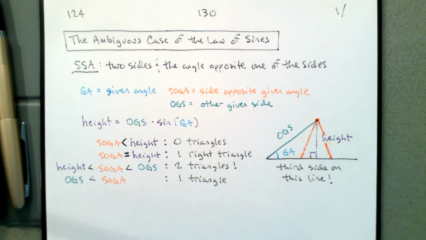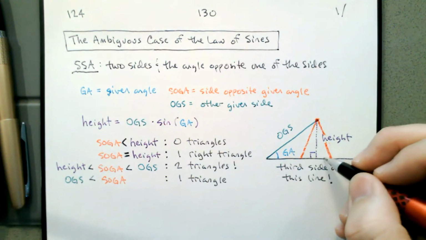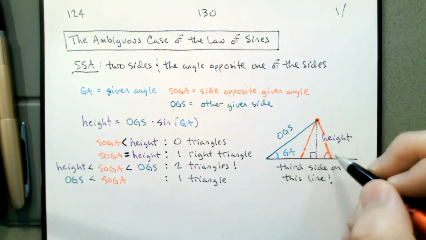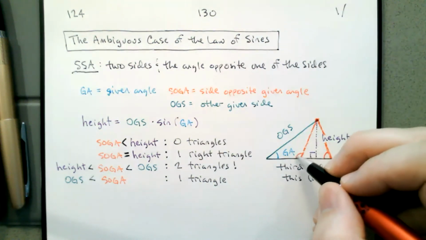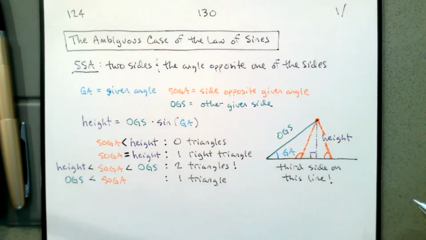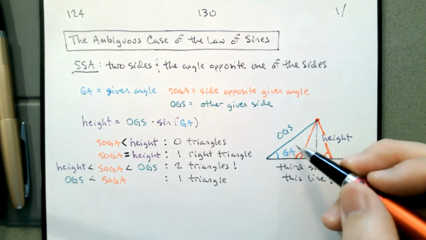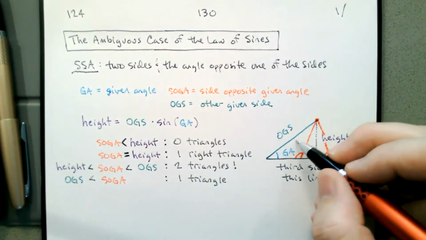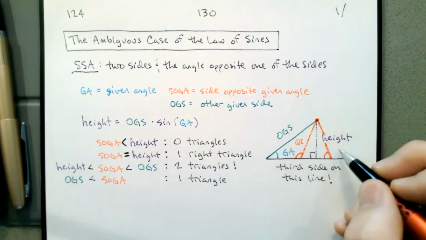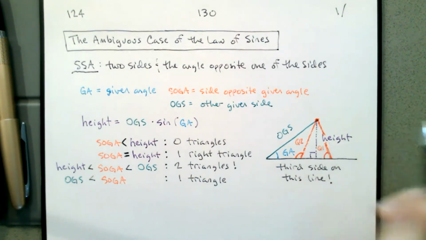The first angle that we're going to have to go for is the angle opposite the other given side. And here's why we get two versions: we find a reference angle and we have a quadrant 1 angle and a quadrant 2 angle. So when we have 2 triangles, we have a quadrant 2 angle and a quadrant 1 angle.